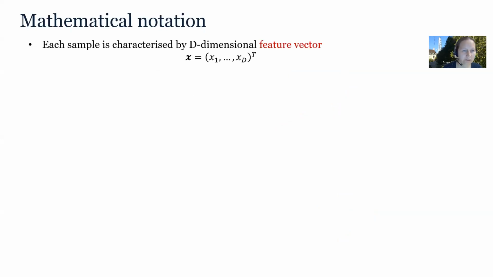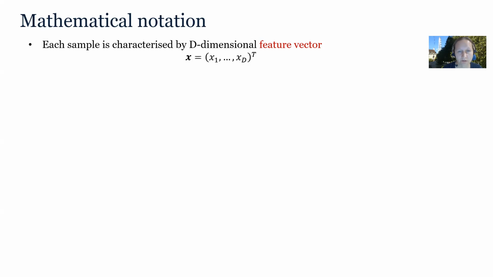Now that the basic machine learning concepts are hopefully clear, let's formalize them using a mathematical notation. So we already know that each sample is characterized by one or more features, and we can group them into a d-dimensional feature vector that we denote x.